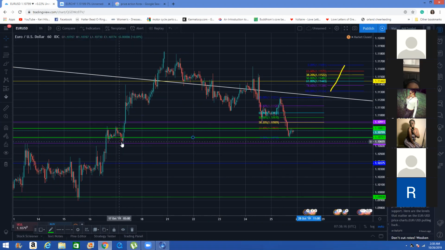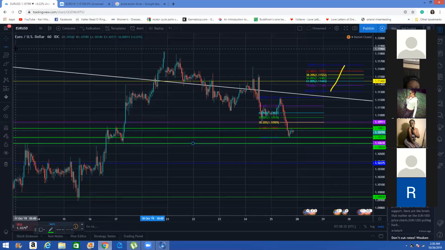Because once price breaks this right here, it got this whole gap that it could fill, and it could drop all the way to here. And then this could be your TP4.